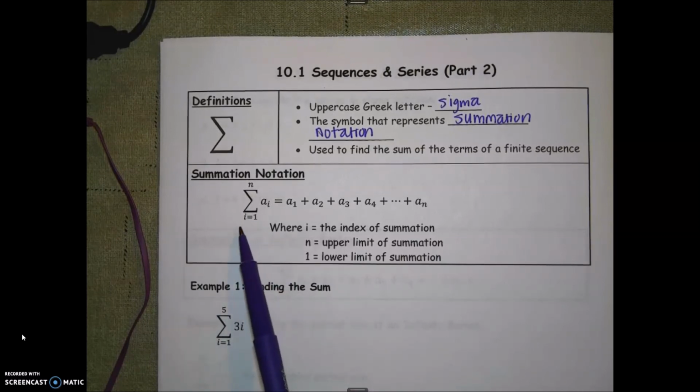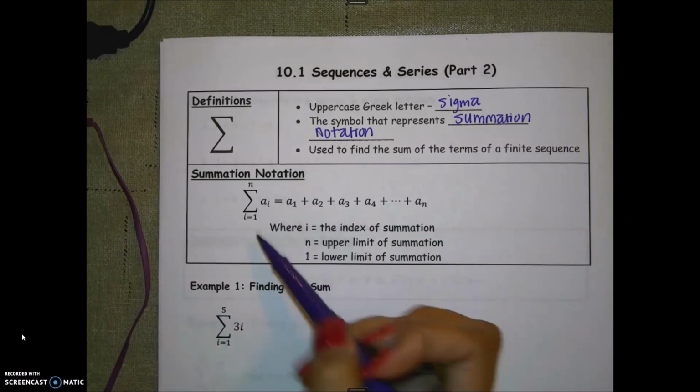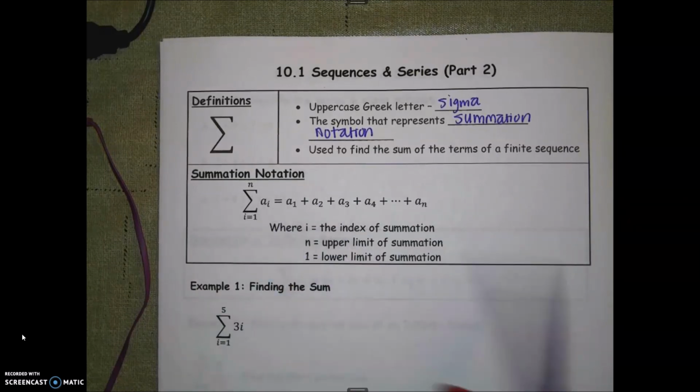The other day we talked about sequences, which go from one number to the next and to the next. This takes that sequence of numbers that's given and adds them together to come up with the sum.